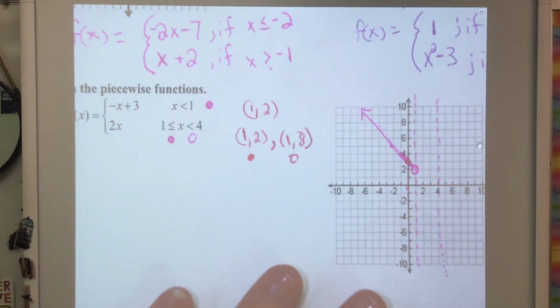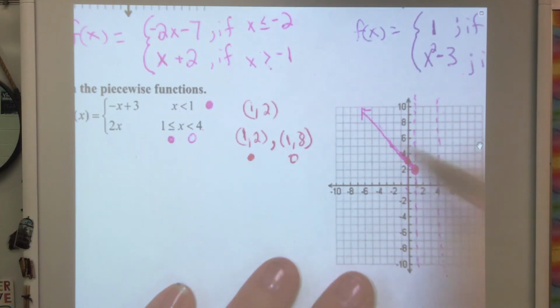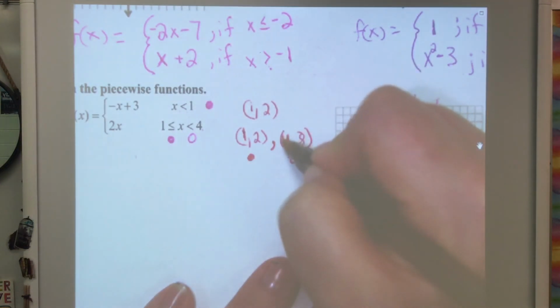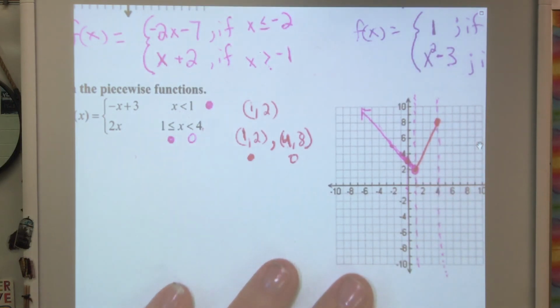And I could just plot those points at 1, 2, and I'd fill that in with a closed circle, and oh, this should be 4, sorry about that. 4, 8, because 4 is what I plugged in. So 4, 8, this would be a closed circle, and I would be done.